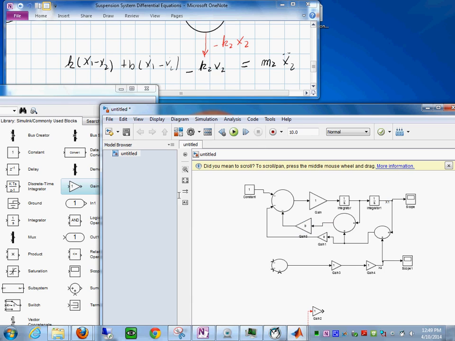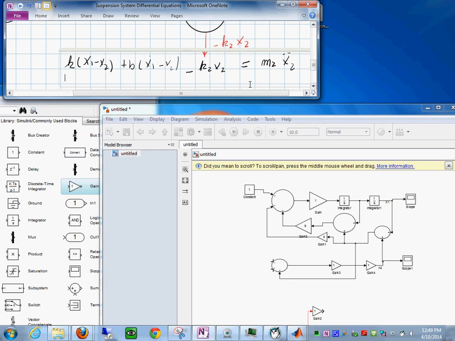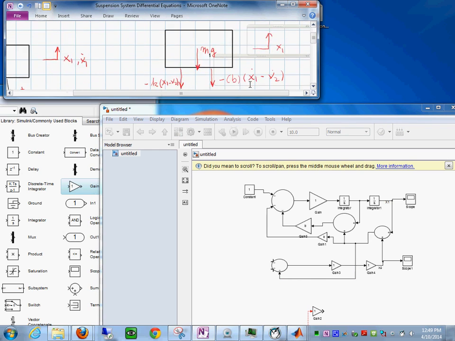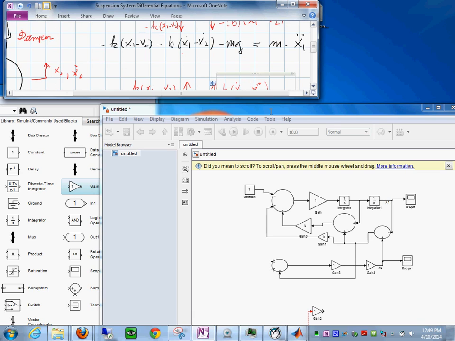The second one, x1 minus x2, is this signal right here. So you could potentially go this way here. Yeah, x1 minus x2. Wait a second, I want to make sure of that. Okay.